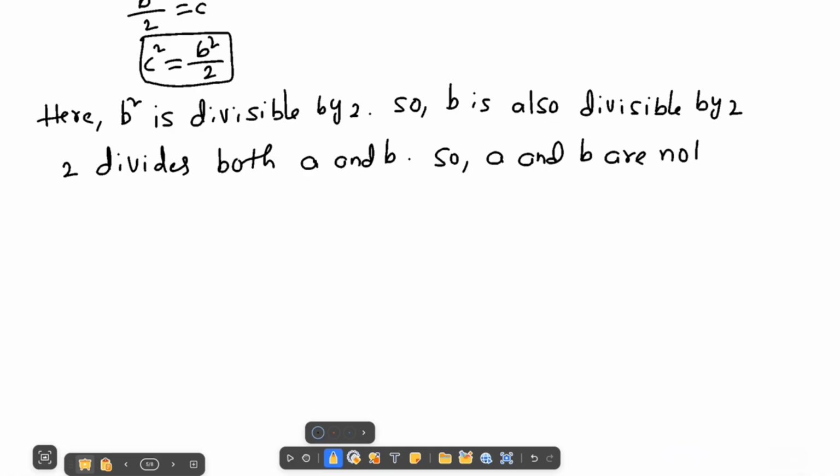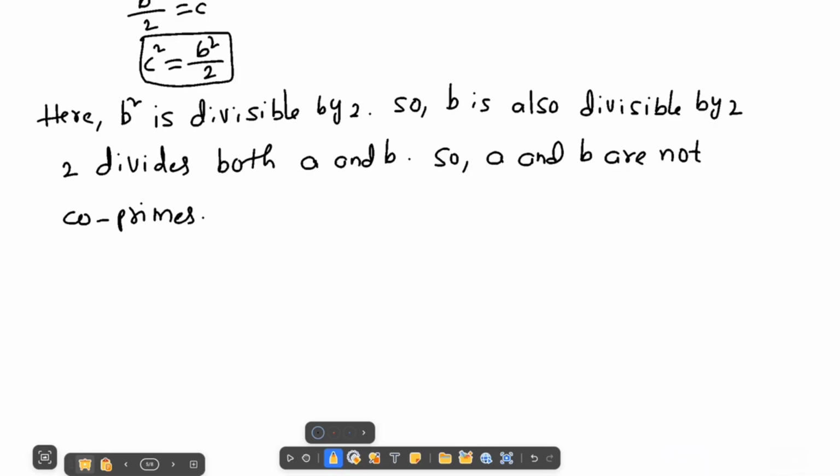When they are divisible by the same number they are not co-prime numbers. What are co-prime numbers? The numbers that don't have any common factor except 1. So a and b are not co-primes. So this is a contradiction to our assumption.